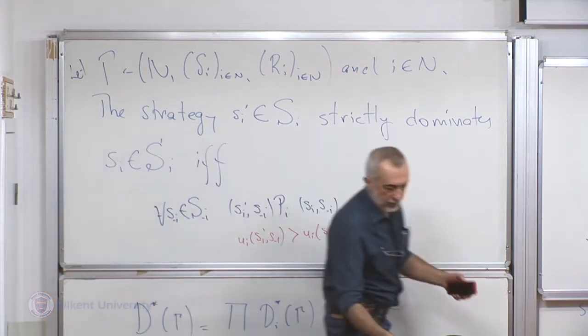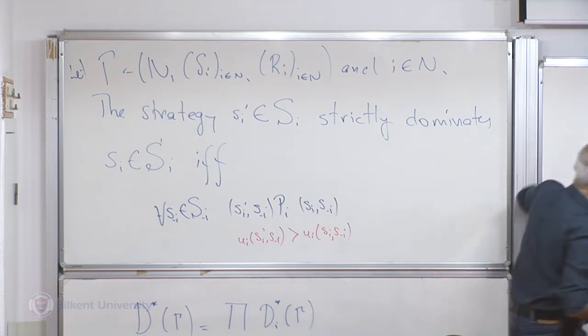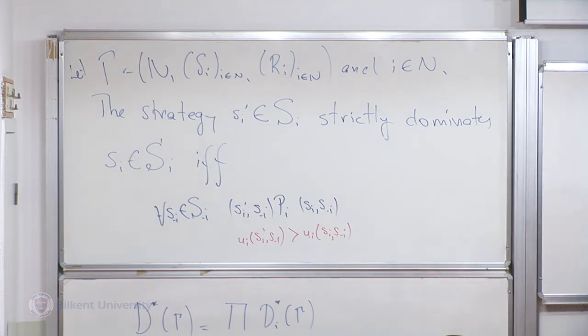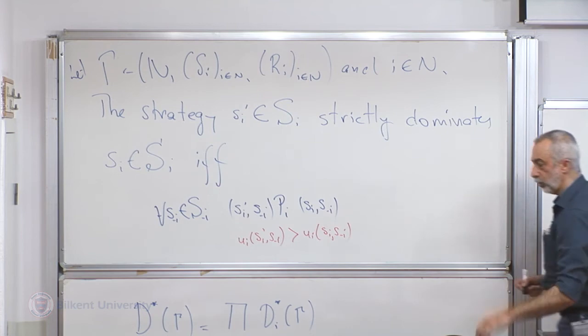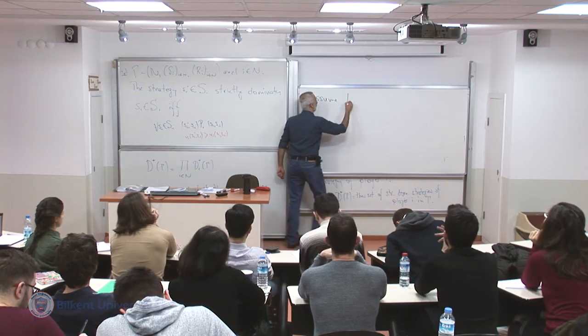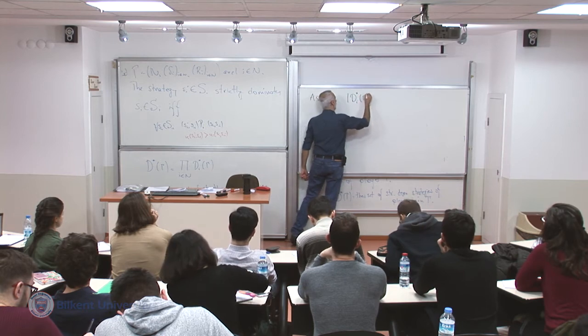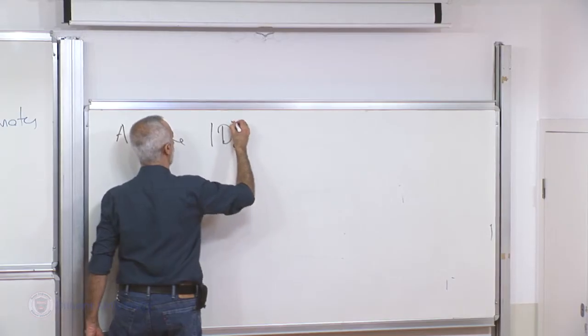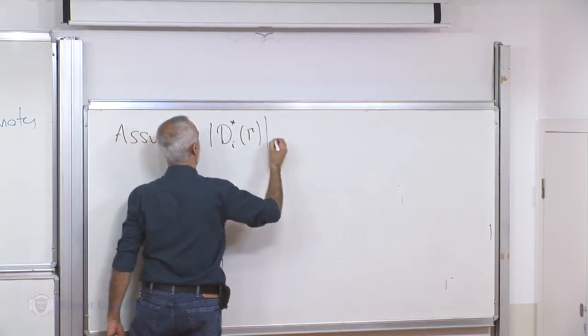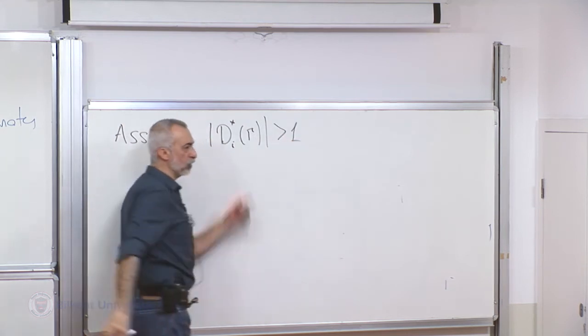So let's do it by contradiction. Let's assume that there is more than 1. Assume that the cardinality of Di star of gamma is greater than 1 for some player.